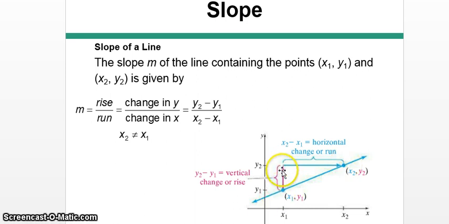Now this is a vertical change or rise which gives you y2 minus y1, and this is your horizontal change or run which gives you x2 minus x1. So rise over run, that means change in y or y2 minus y1 over change in x or x2 minus x1. That is the definition of slope.